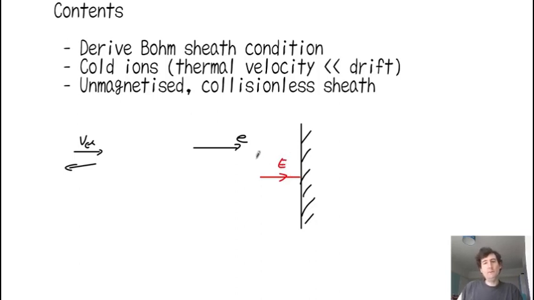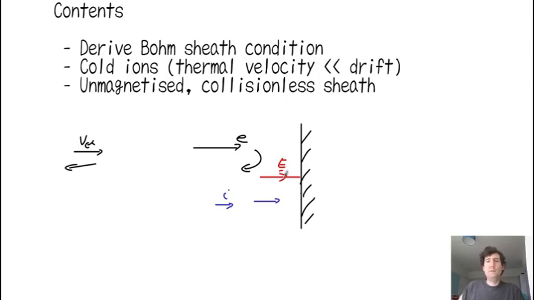This is formed because you have a region of the plasma where there are fewer electrons than ions, because the electrons have left and hit the wall. The electrons are now reflected back from this electric field, and the ions, which have a slower thermal speed, come in and are accelerated into the wall.